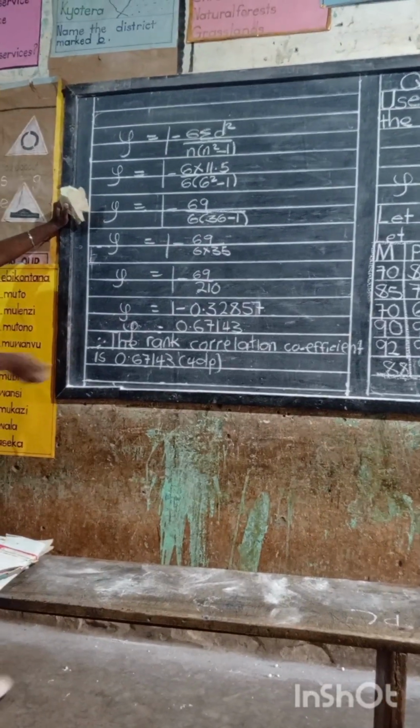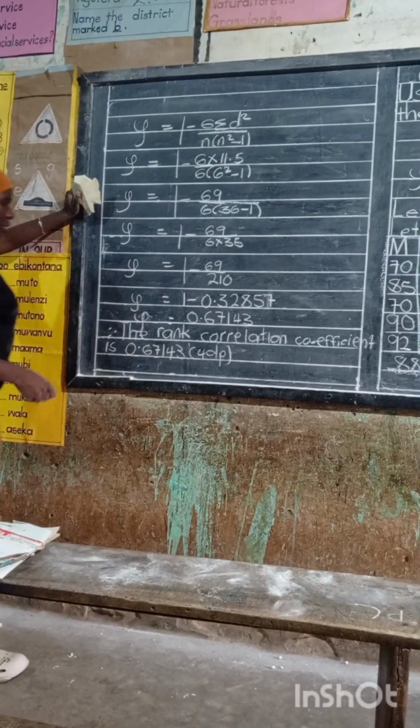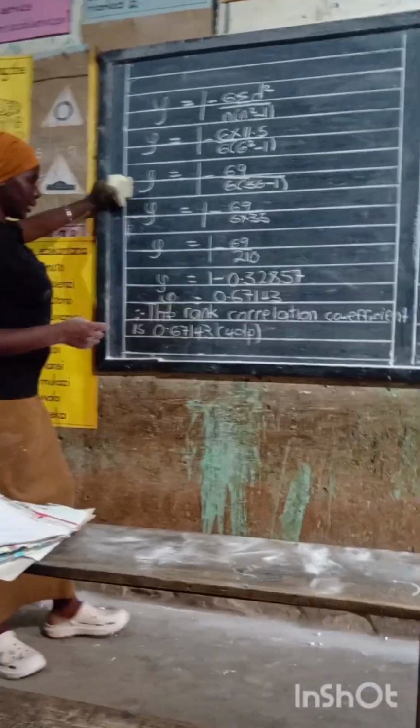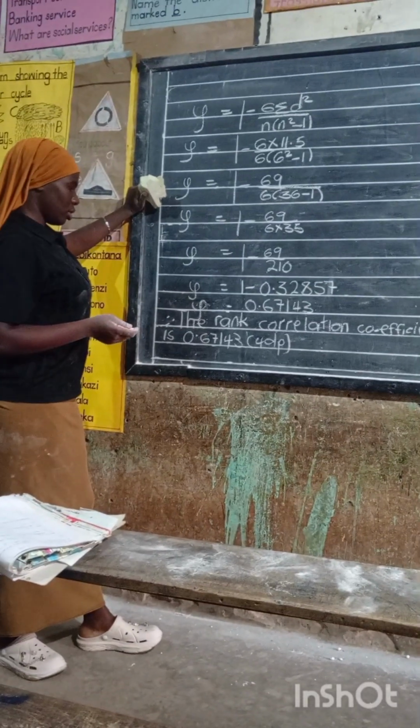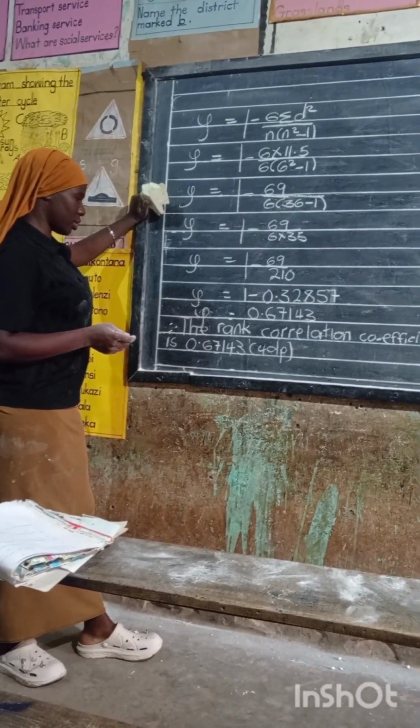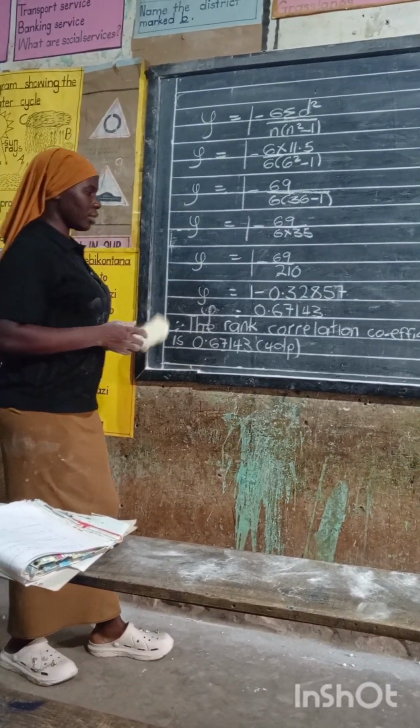I can say 0.671 when I've truncated, or 0.667 still to 2 dps.